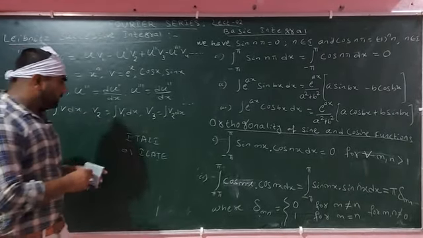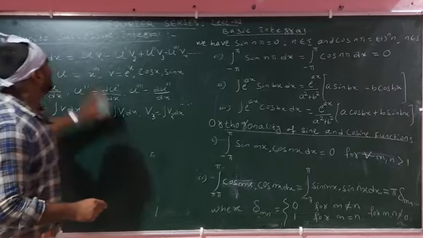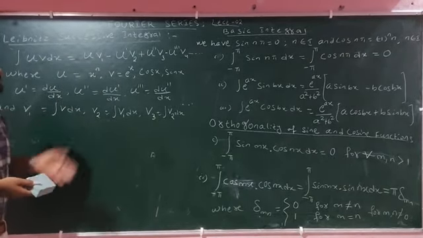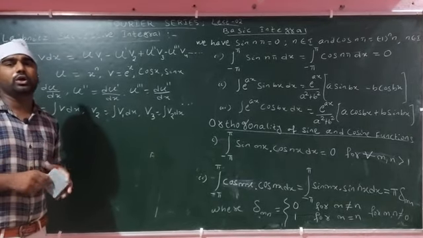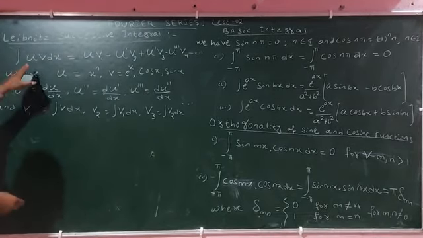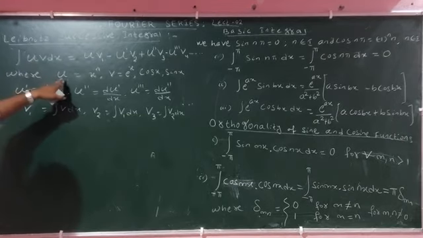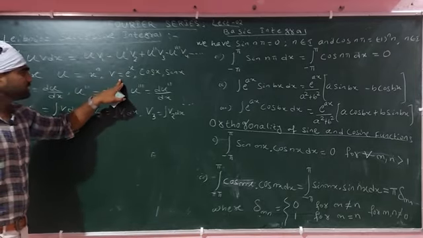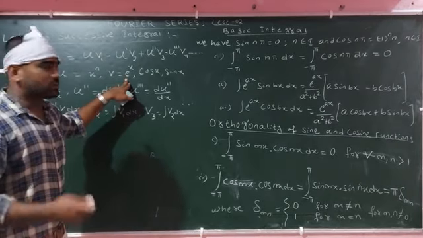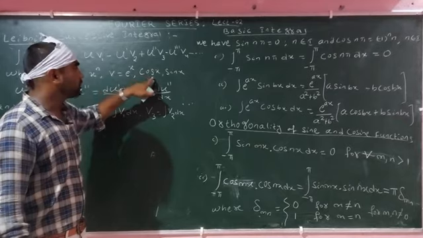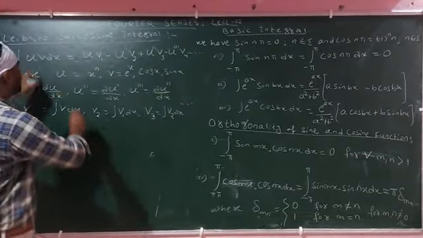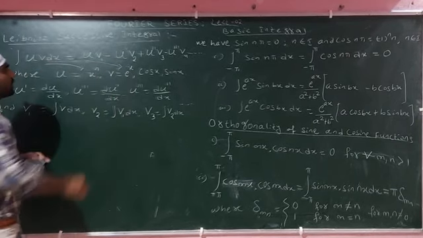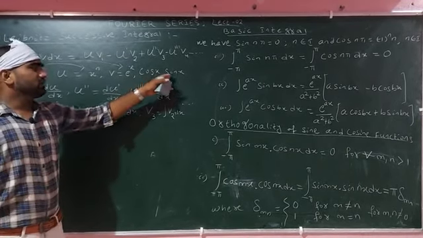But when we apply Leibniz successive integration, the method is so easy and can be used for our Fourier series. Here u is an algebraic function like x to the power n, and v is a function like e to the power x, cos x, or sin x.